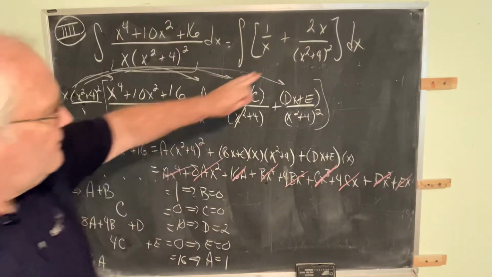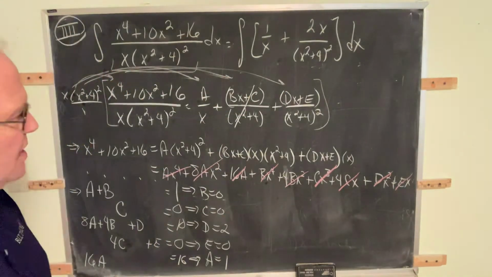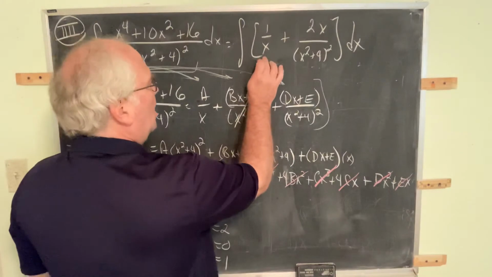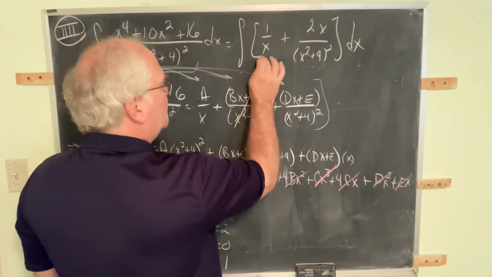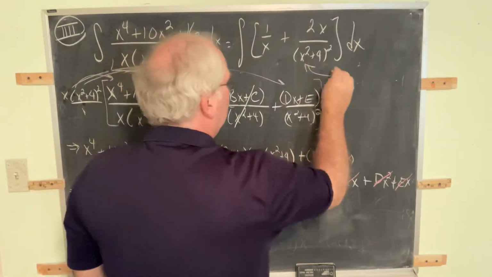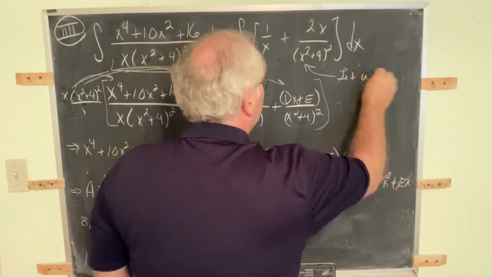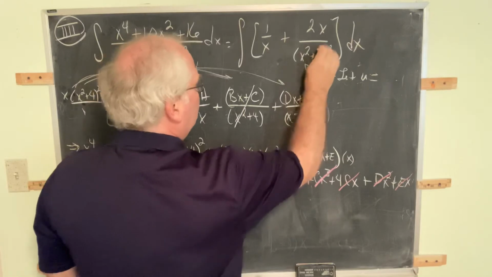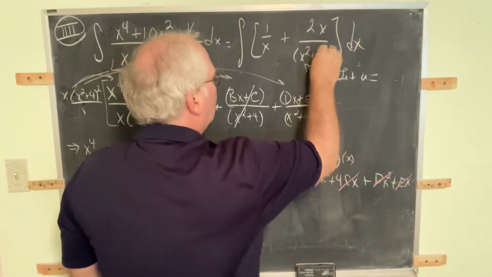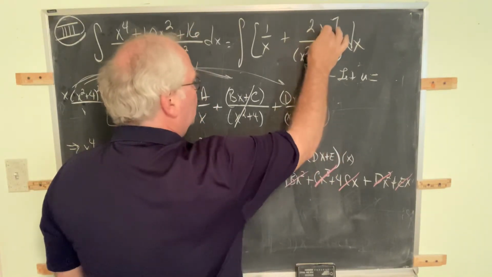And so finding this antiderivative should be pretty straightforward. This is a natural log form. And then this piece yields to a u substitution because this is degree 4, this is degree 2, this is degree 1.